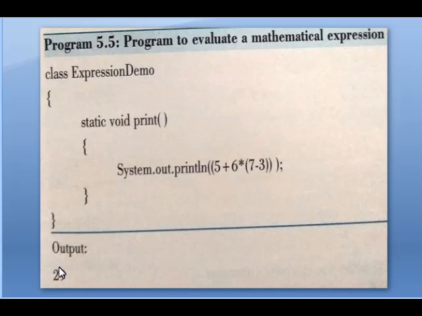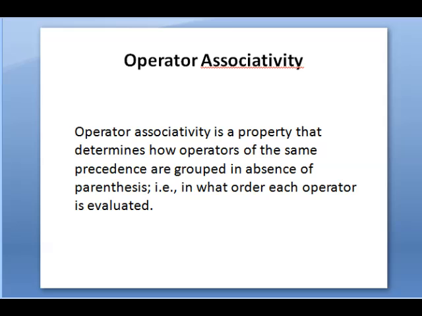Next is operator associativity. This operator associativity is a property that determines how operators of the same precedence are grouped in the absence of parentheses. That is, in which order each operator is evaluated. So operator associativity means if we see an expression where there are no brackets, it is difficult for us to evaluate the given expression.